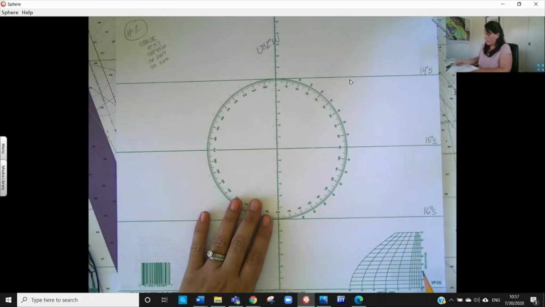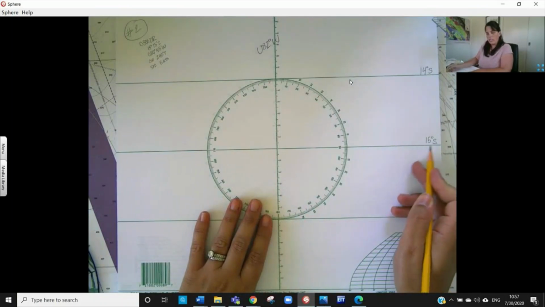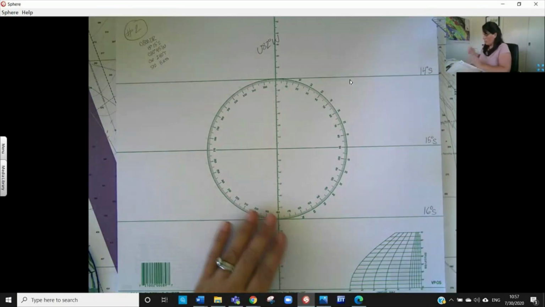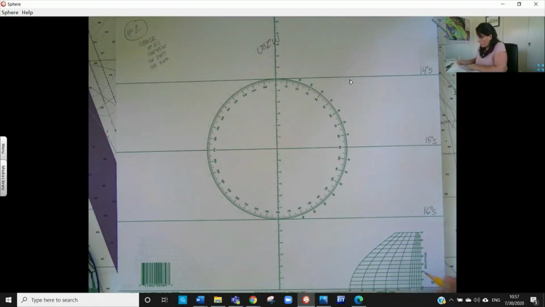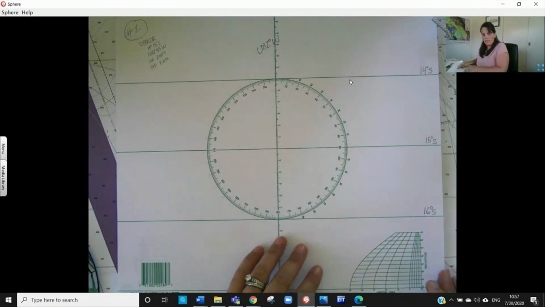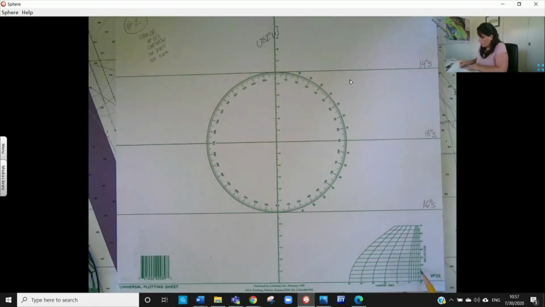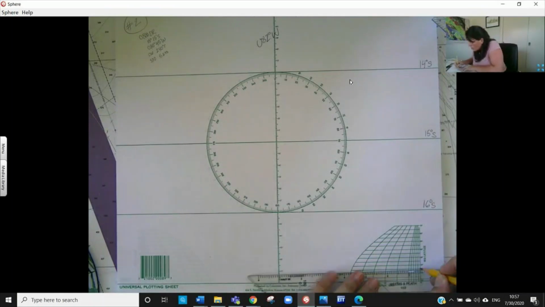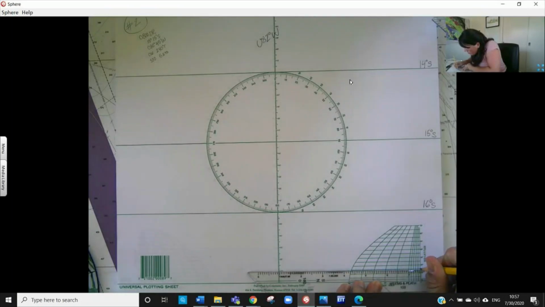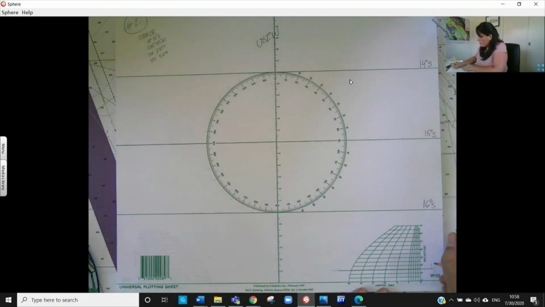So now I need to write in my longitude lines. So I have my mid-latitude at 15. So I'm going to find 15 on my longitude scale. So here's 15. I'm going to draw in that line. So this is my 15 degrees south.